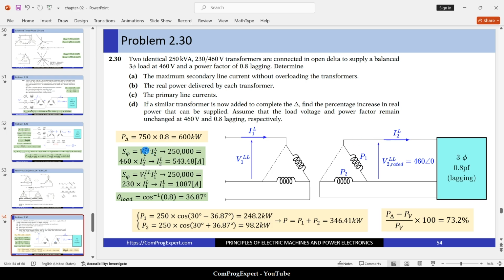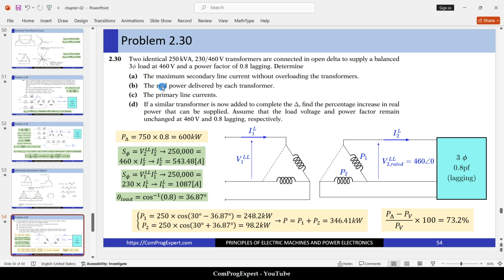This is the maximum apparent power that a single phase transformer in this connection can deliver. So the maximum current is 543. Yes. So this is the maximum current.